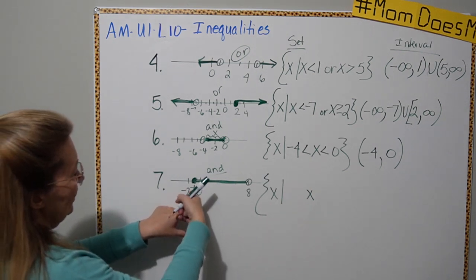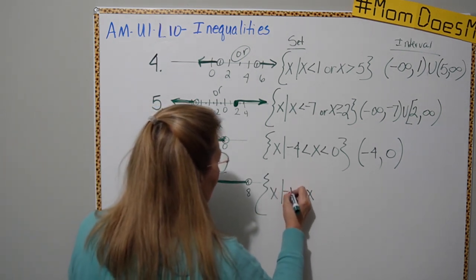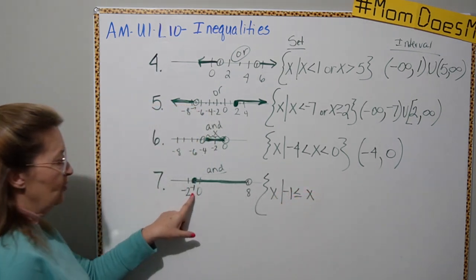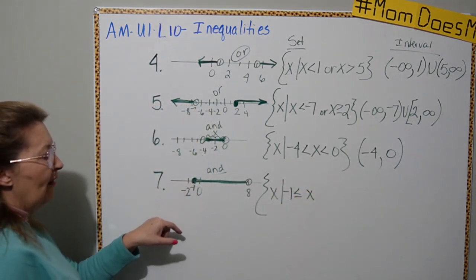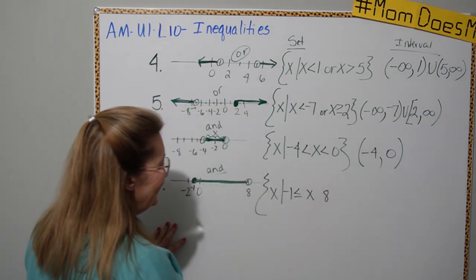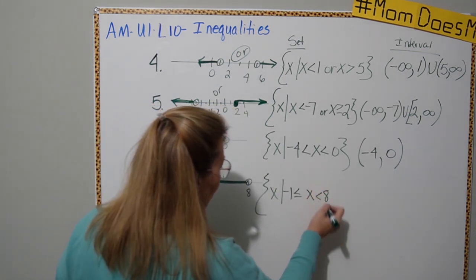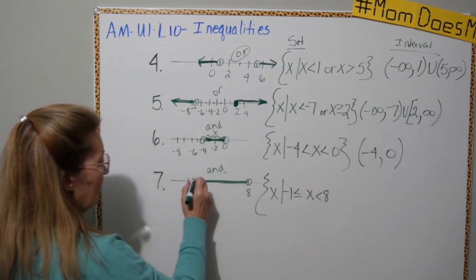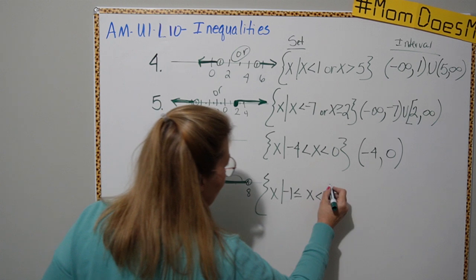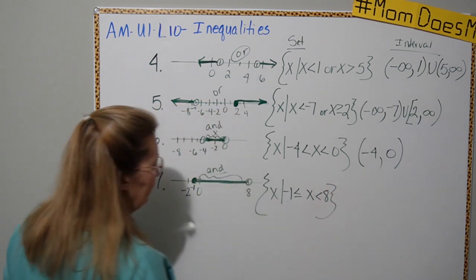So what's all the way down here? -1, and those are going to be less than or equal to x because it's a solid dot. What's over here on the other end is the 8, and the x's are less than 8. See, all of these numbers here are between -1 and 8. And that closes the set.